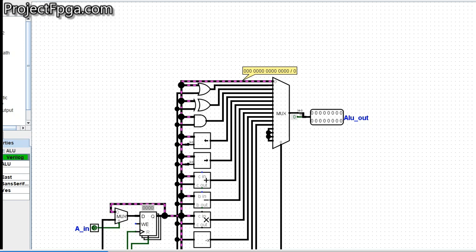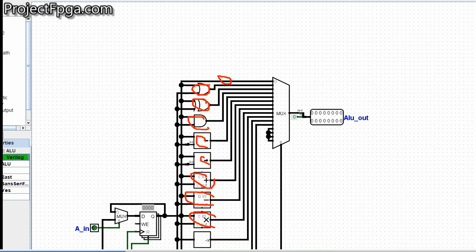Let me elaborate more. This is 0, this represents 1, this represents 2, 3, 4, 5, 6. That is, addition is 6, subtraction is 7, multiplication is 8, division is 10.